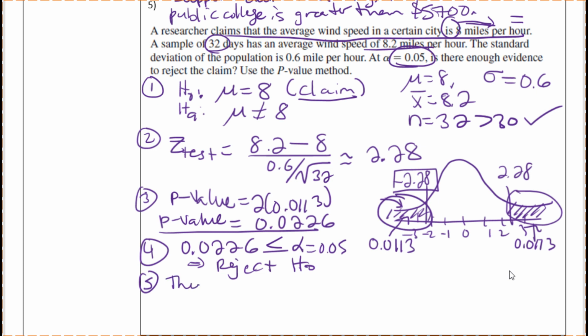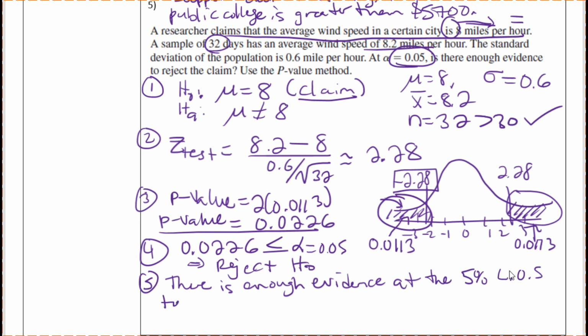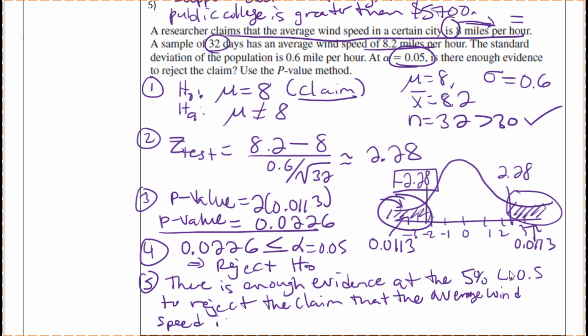So there is enough evidence at the 5% level of significance to reject the claim that the average wind speed is 8 miles per hour.